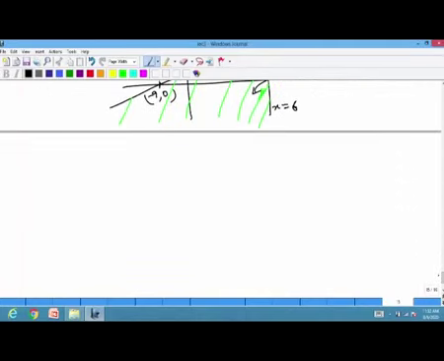Now, let us look at y equal to square root of mod x plus 3.